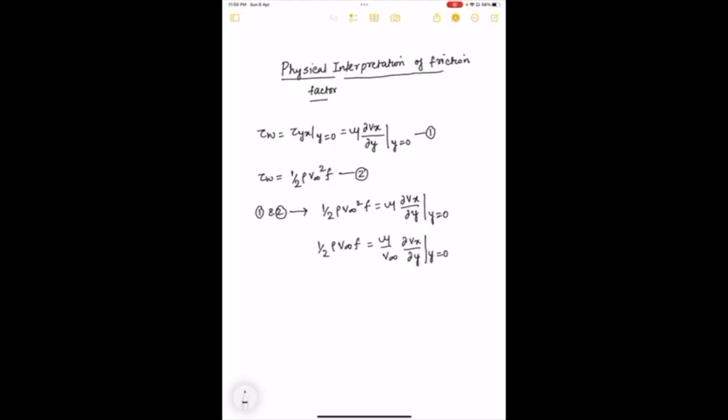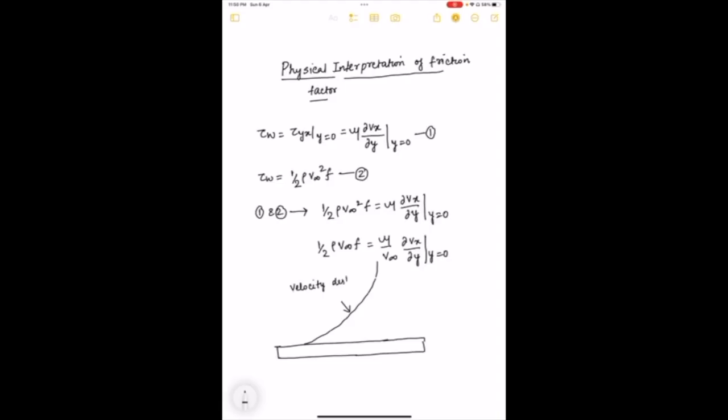Now let's draw the velocity distribution curve for this equation. We have this as our flat plate. Now we have the curve like this. This is the velocity distribution curve.